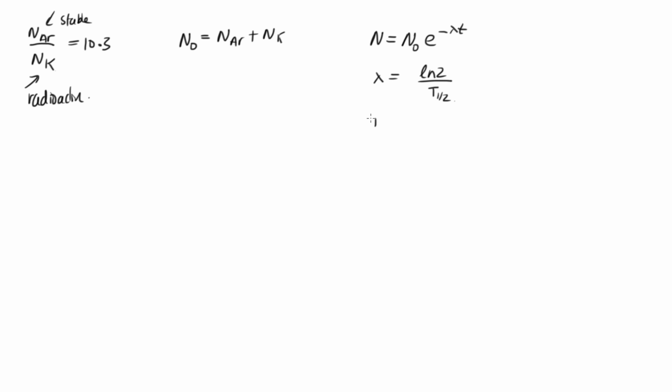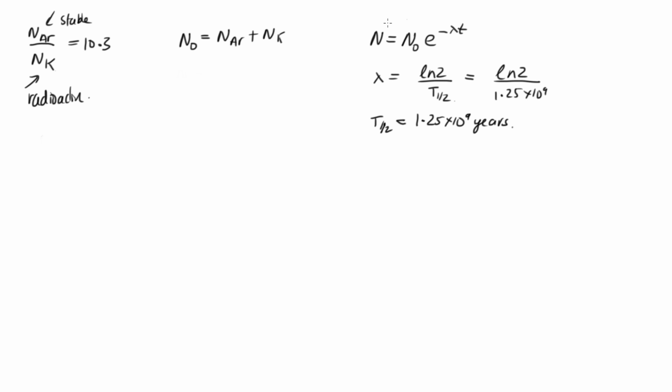And in this case, we're told that the half-life for the radioactive potassium is equal to 1.25 times 10 to the 9 years. So lambda is equal to log 2 over 1.25 times 10 to the 9, and that's as long as our t in this equation here is measured in years.